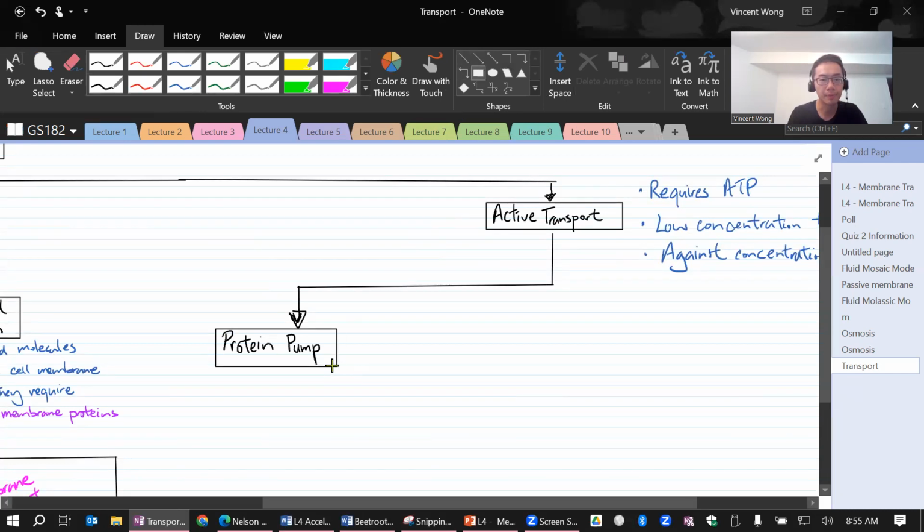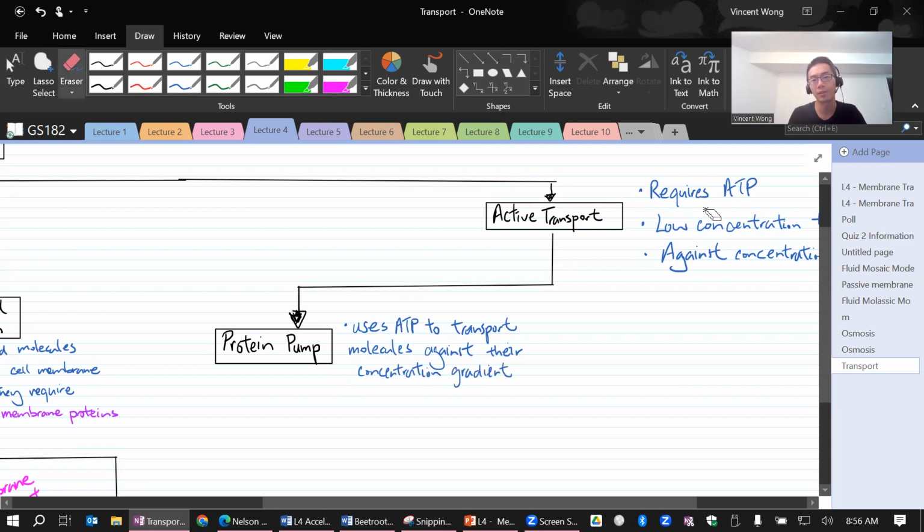Protein pump, they basically use ATP to transport molecules against their concentration gradient.